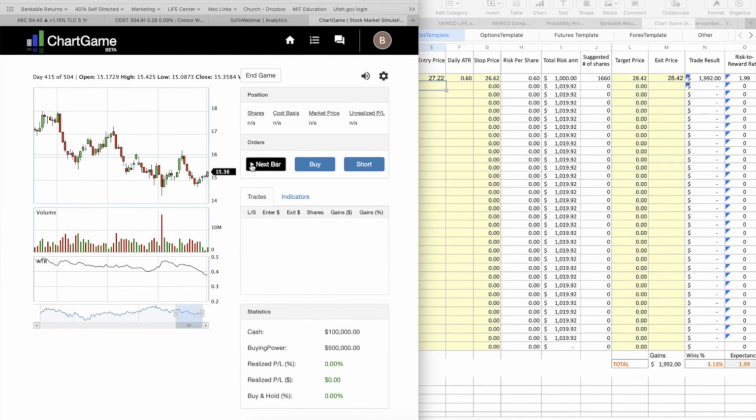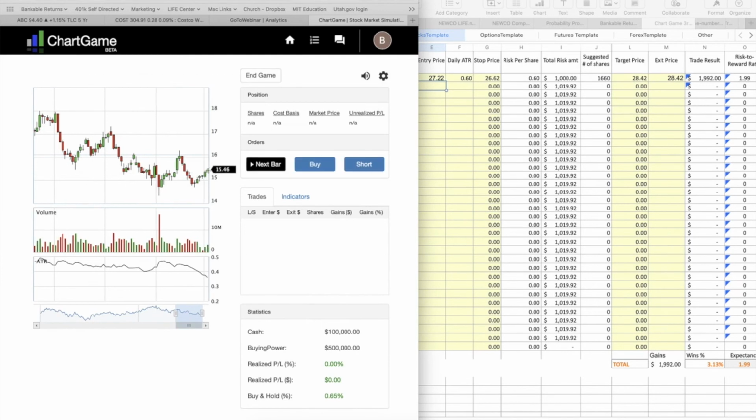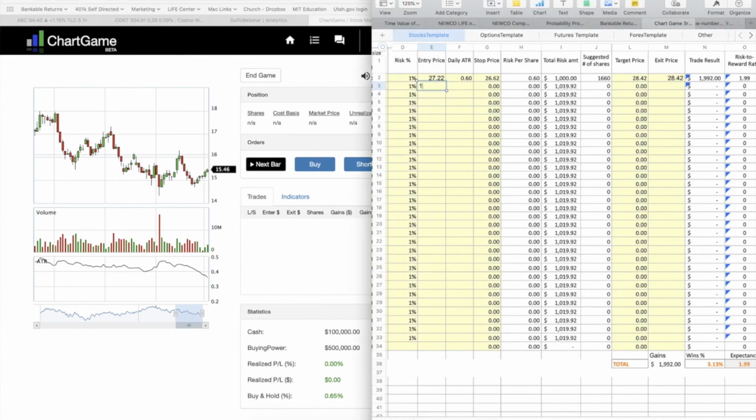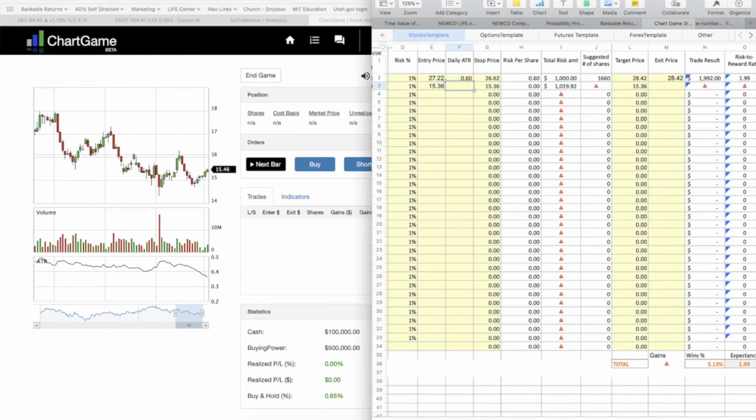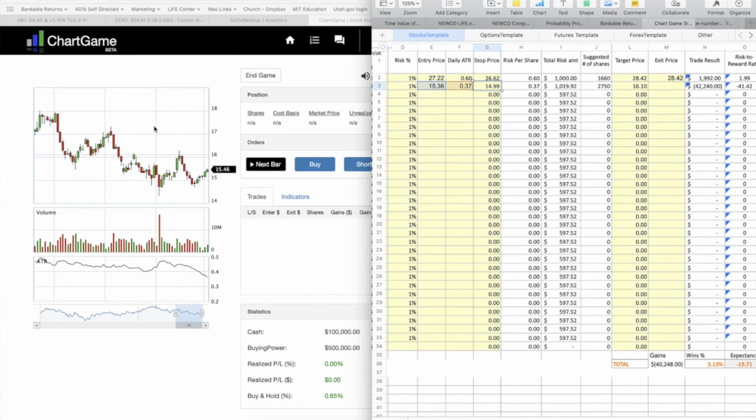We get to the chart today. We decide to buy at the open tomorrow, 15.36. The daily ATR is between 30 cents and 40 cents, so we'll call it 0.37. We'll get out to the downside if it goes to $14.99, and we'll get out with a profit if it goes up to $16.10.